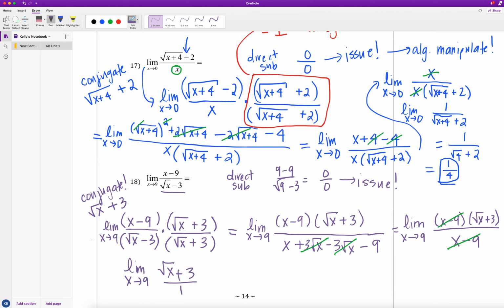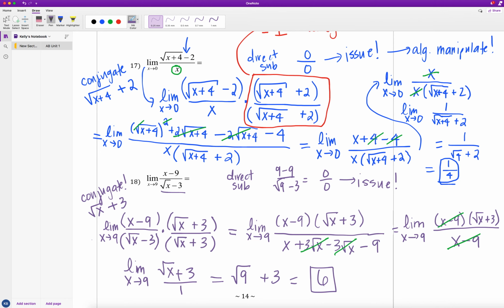Technically that's all over 1, if you want to write that fraction, but we don't need to. Now I can do a direct substitution, and I end up with the square root of 9 plus 3, so 3 plus 3, which gives us 6. That will be our final answer for example 18.